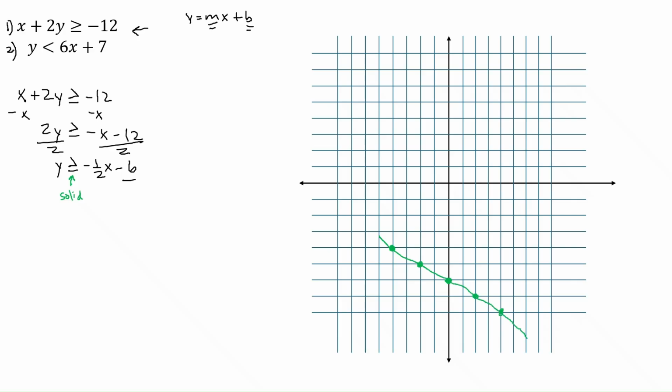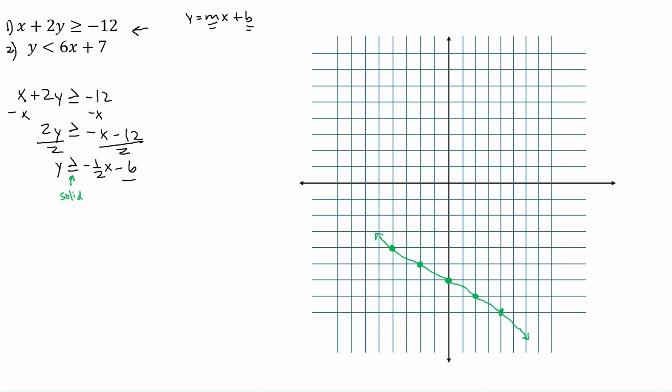Every point on the line is equal to that. Okay, so that's a raggedy looking line, but you're just going to have to deal with it. It's the best I can do right now. Hopefully it works with this other line that we have to graph here.